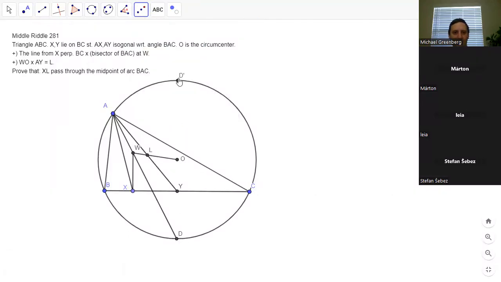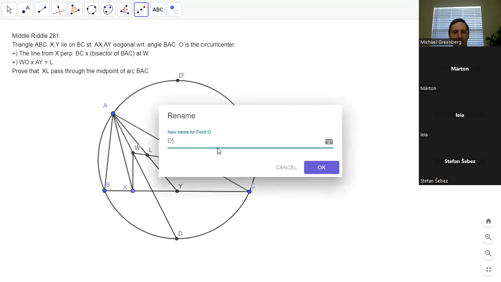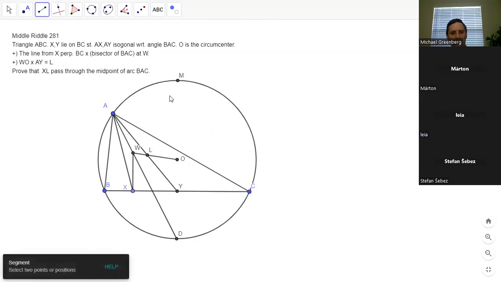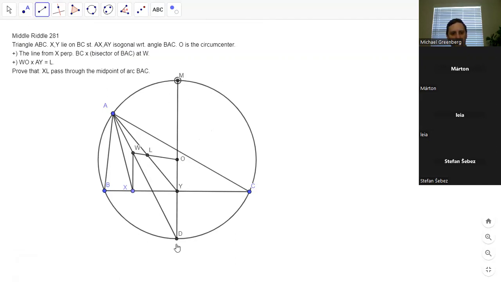We want to show that X, L and M are collinear. All right. So we can draw this. And I forgot what we even were doing before. So we wanted to show that M, O, D and infinity are harmonic, and we want to project through W, right?